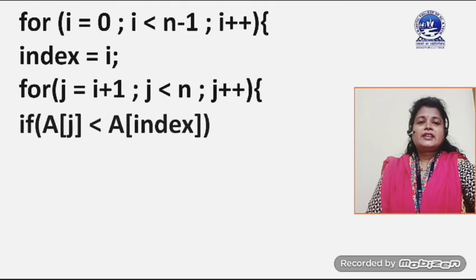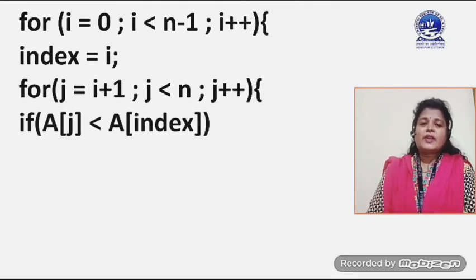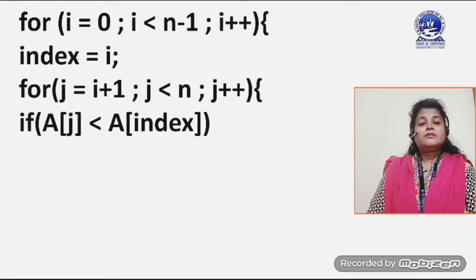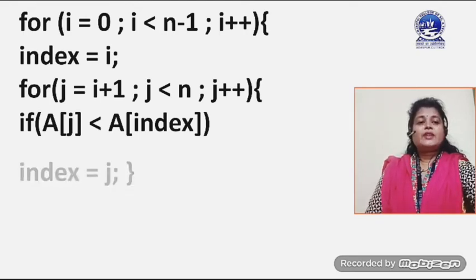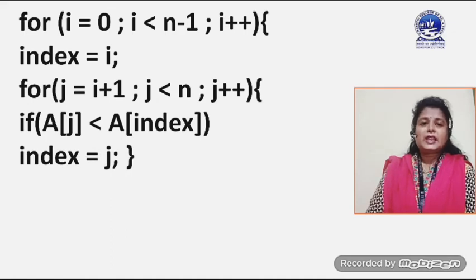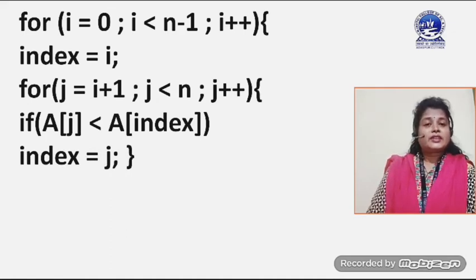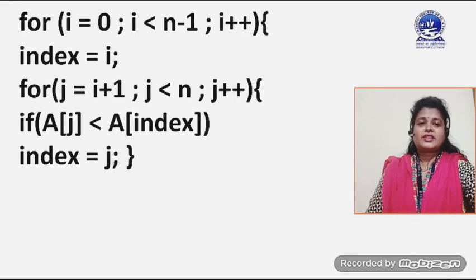Inside the inner for loop I try to find the index or location number of the element which is smaller than the element placed at the first location. Whenever I get a location which has a smaller value in comparison to the first location, I just get its index or location number.